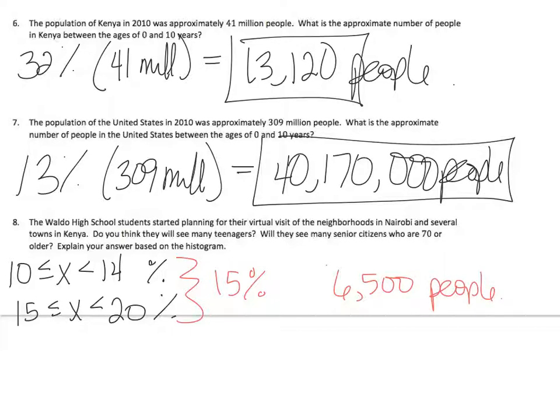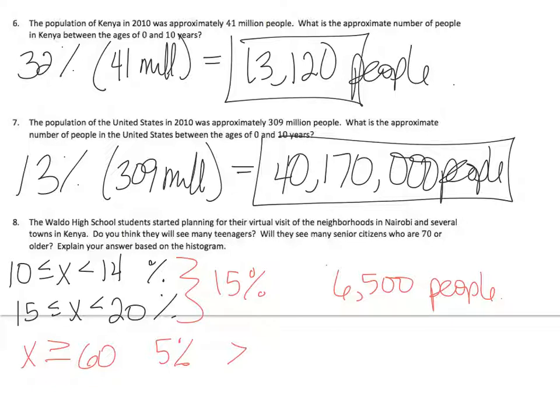Will they see many senior citizens who are 70 or older? So 70 or older, we calculated the percent of 60 and older to be, let's see, what was that? About 5%-ish, 5.5%. So 60, oops, did that backwards. For a population in Kenya greater than 60, we got about 5%.